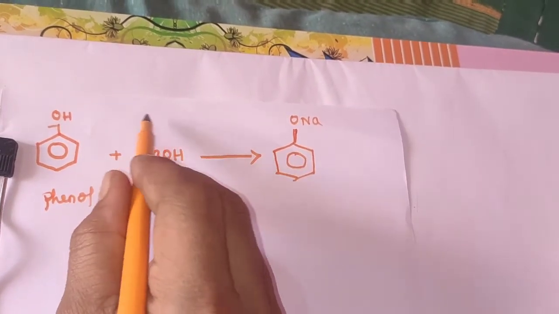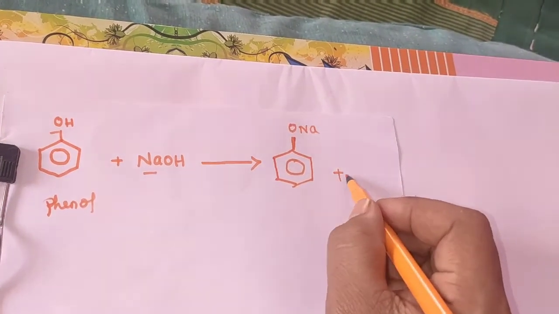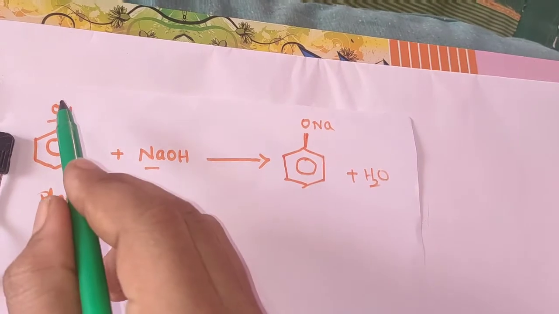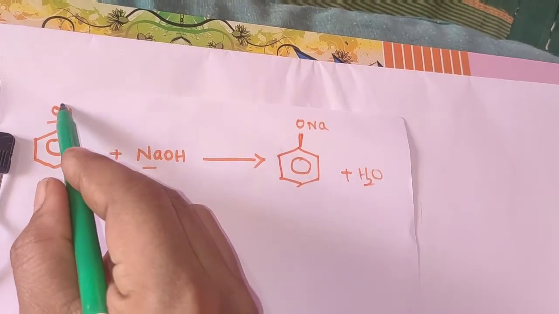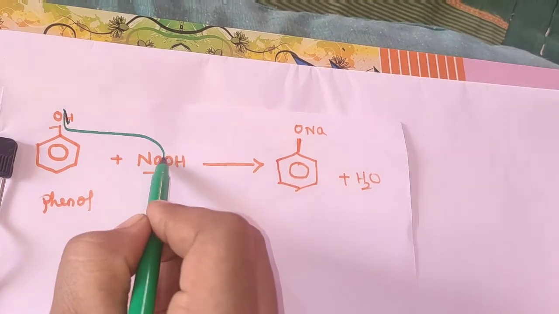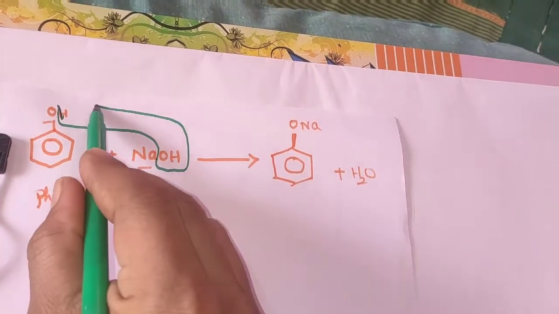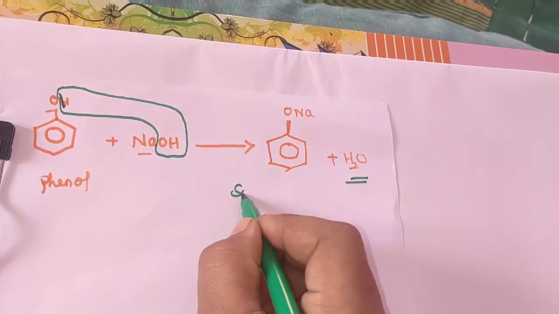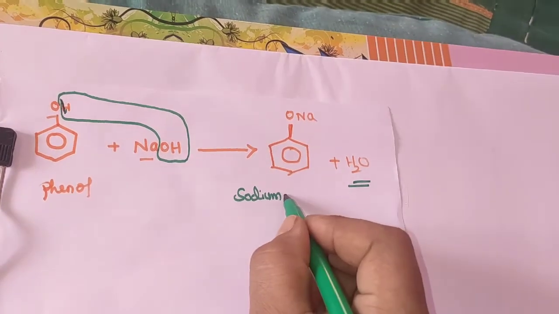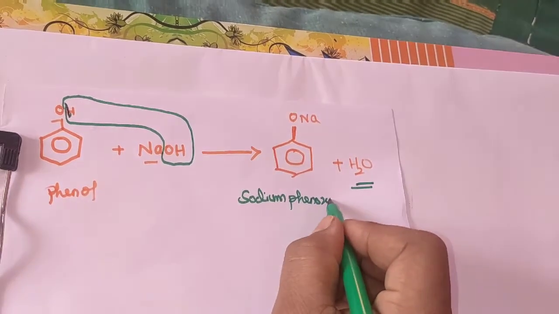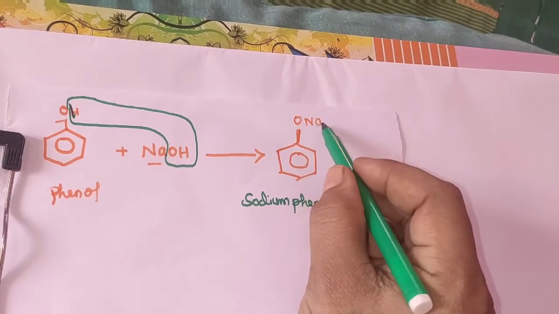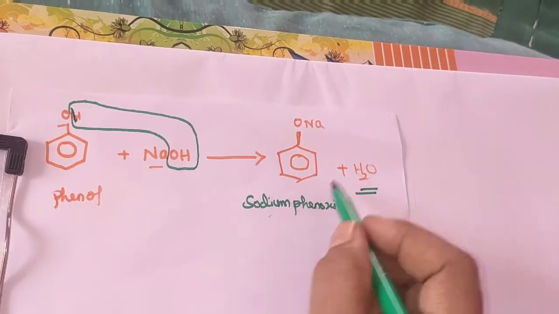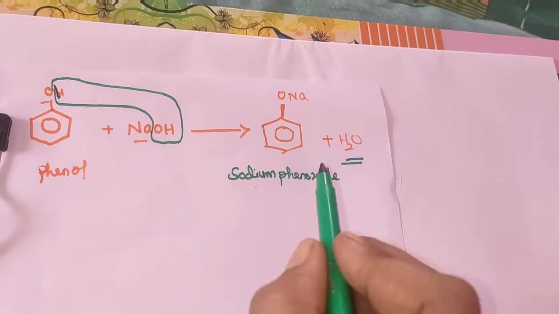There is an elimination of a water molecule: this H and this OH combine and water is eliminated. This is known as sodium phenoxide, because the sodium group is substituted into the phenol. So this is the first step.